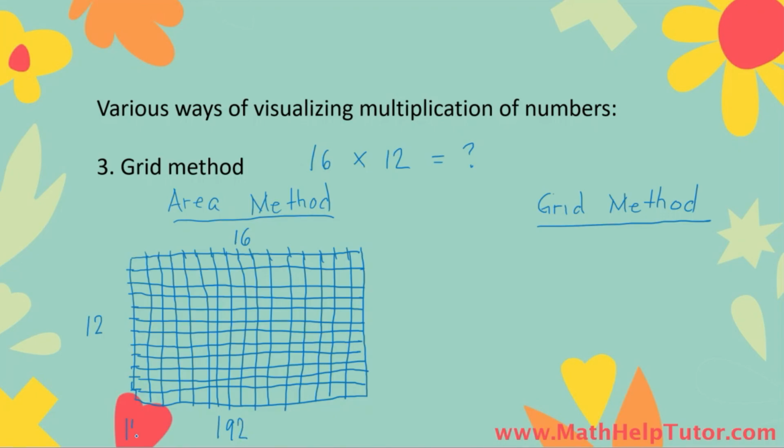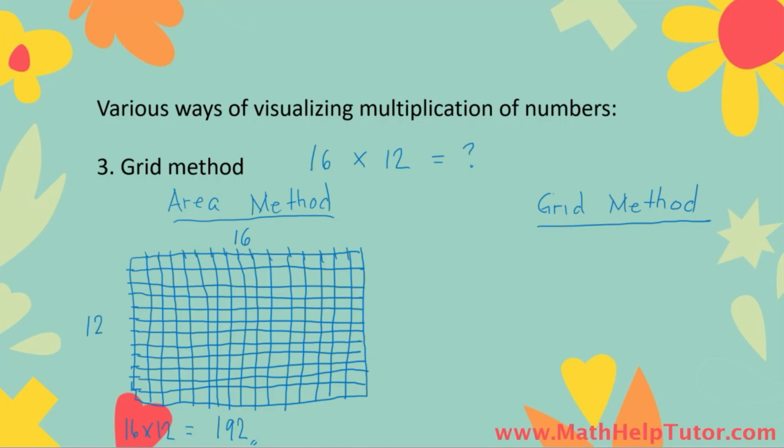So what that means is 16 times 12 is equal to 192. Using the area method, in order to find this answer, we have to count all these squares one by one until we finally count 192 squares, and that's going to take a long time to do.